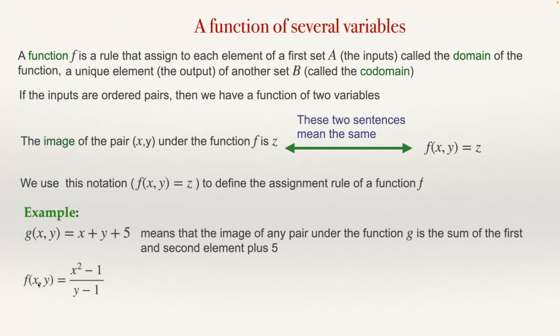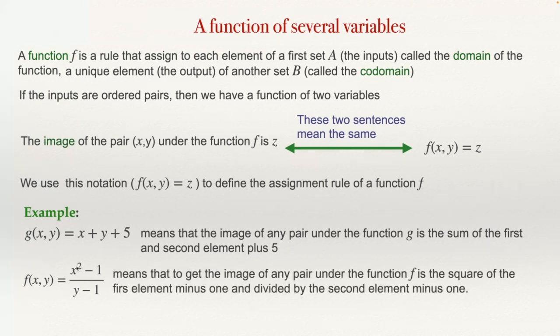Or for example, I can say the image of a pair will be x squared minus 1 divided by y minus 1. What is the meaning of this? We are going to square the first element, then subtract 1, and divide the result by the second element minus 1. So this is again a rule of assignment and defines a function. Here we notice that the second element cannot be 1, for example.